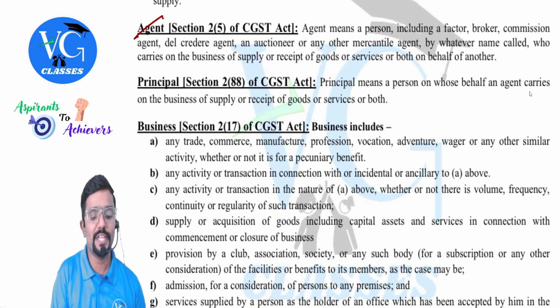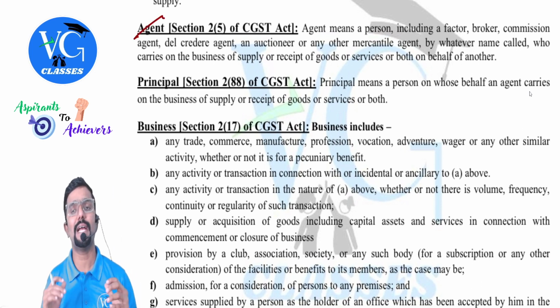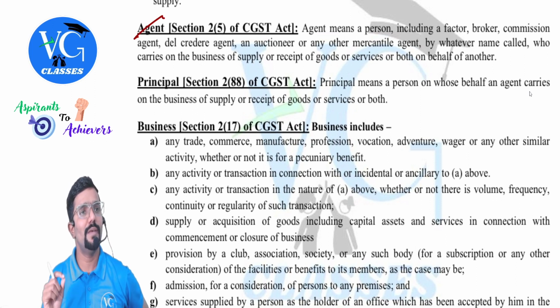Agent definition is given in section 2 clause 5. And guys, whenever definition is given on various terms used in the law, they will always follow the alphabetical order.